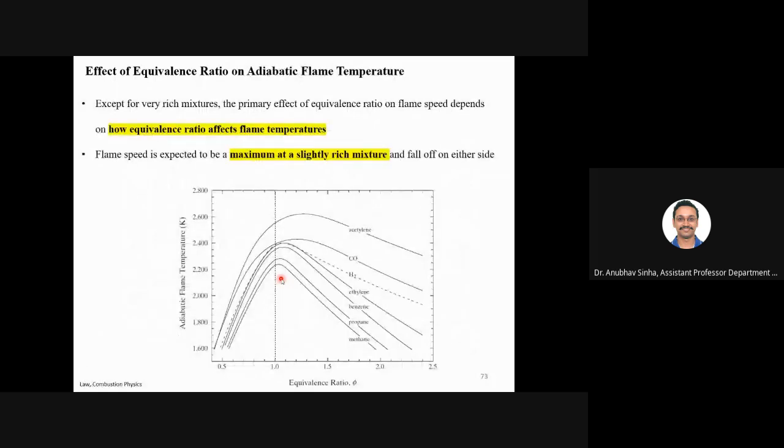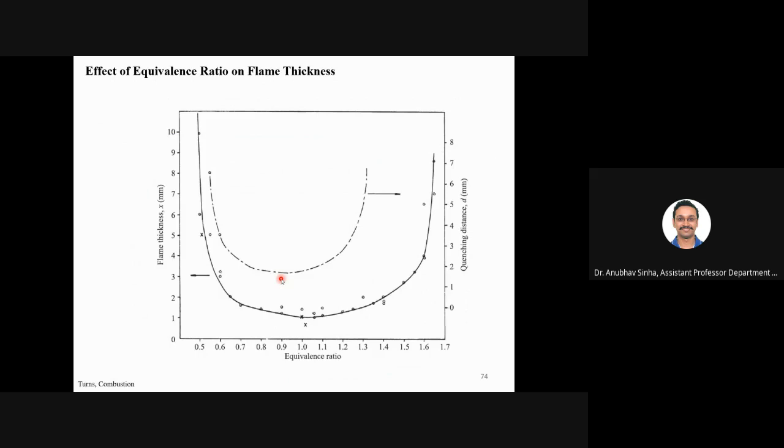Okay, now let us talk about flame thickness. Equivalence ratio also affects the flame thickness. When you reach near an equivalence ratio of 1, you have the minimum thickness, and then it rises again for rich and lean mixtures.